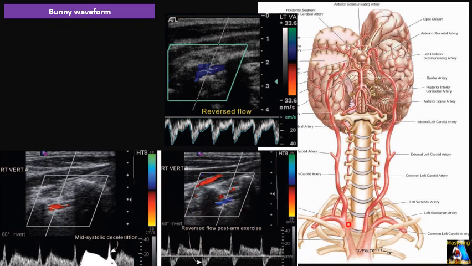If we have complete occlusion or close to occlusion, we will have fixed reverse blood flow in the vertebral artery on the same side. The reason is that blood goes through the other side and from the basilar artery goes back to the subclavian. Or if it's this side, blood goes from the basilar here and supplies the subclavian.